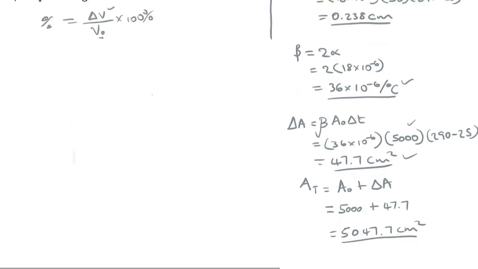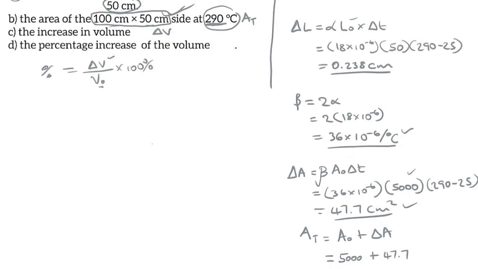Now question number 3. This is C. They are looking for the increase in volume. That means they are looking for the change in volume. But before you calculate the change in volume, you have to find the coefficient of volume expansion. To find it, you simply say the coefficient of volume expansion is 3 times the linear expansion coefficient.